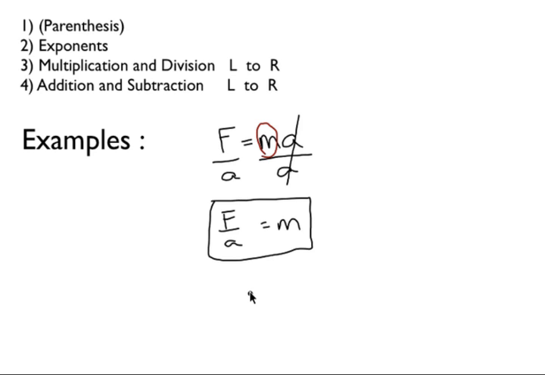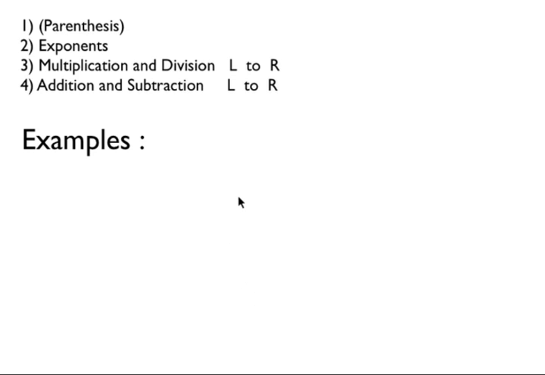Okay, let's take a look at another example. Let's say we had something like v equals a minus b, all divided by t. And now, again, let's say we want to solve for a, all by itself.